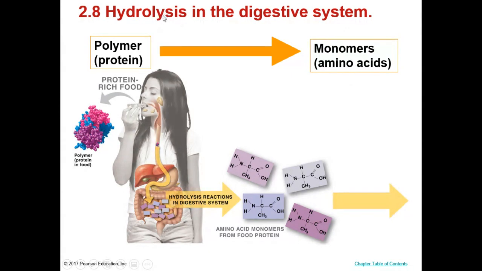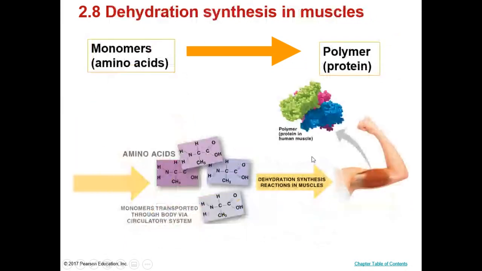What your cells are going to do is they're going to go ahead and hydrolyze these big molecules by adding water to them. That's called a hydrolysis reaction, which takes care of the breaking down of those big molecules into their constituent molecules, into their monomers. So you can break a polymer down into its monomers through hydrolysis reactions.